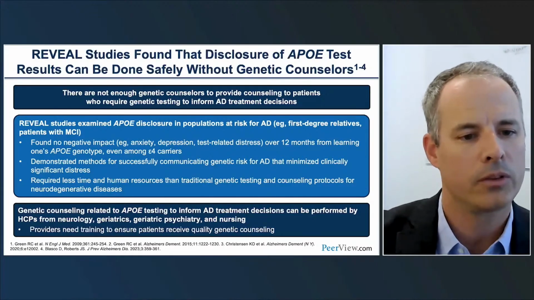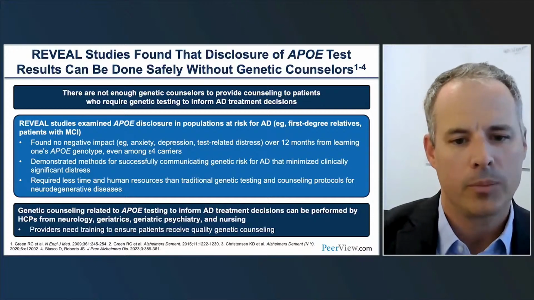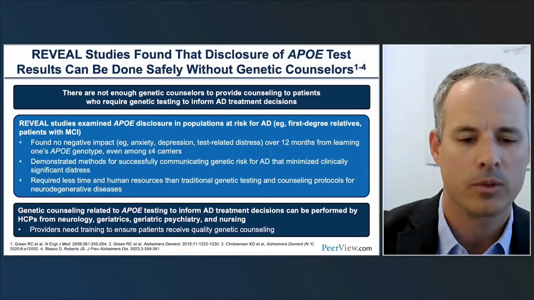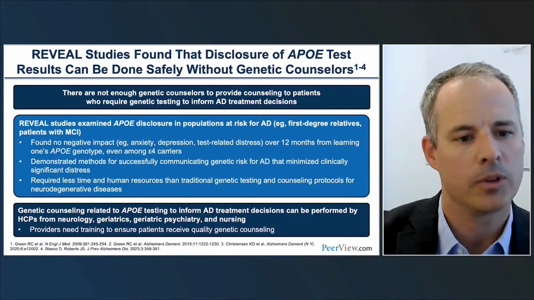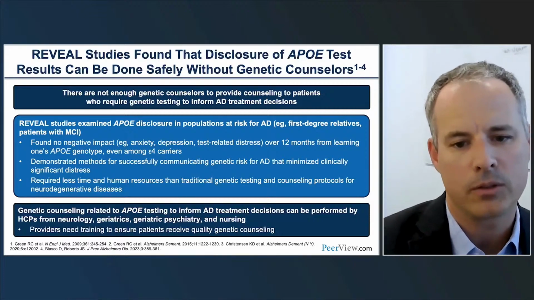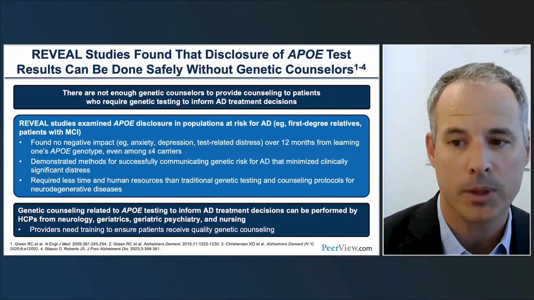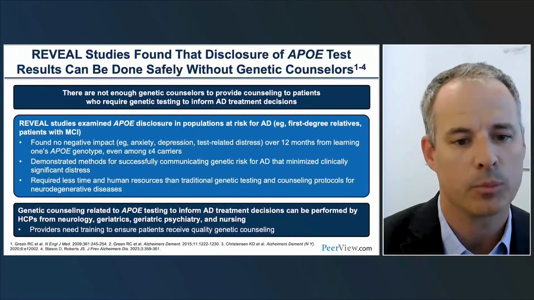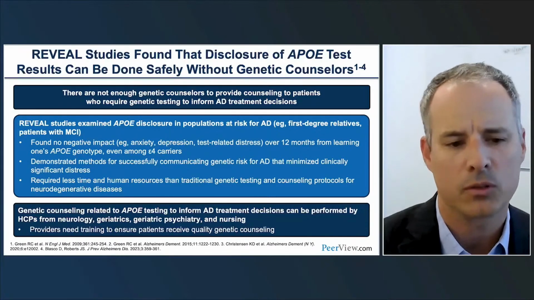So the REVEAL studies looked at people's reaction, first-degree relatives and patients, to having their ApoE genotype disclosed. And they found no negative impact over 12 months from learning one's ApoE genotype, even among people that had ApoE4, and negative impacts were defined as anxiety, depression, or test-related distress. There was no increase in things like suicidality.